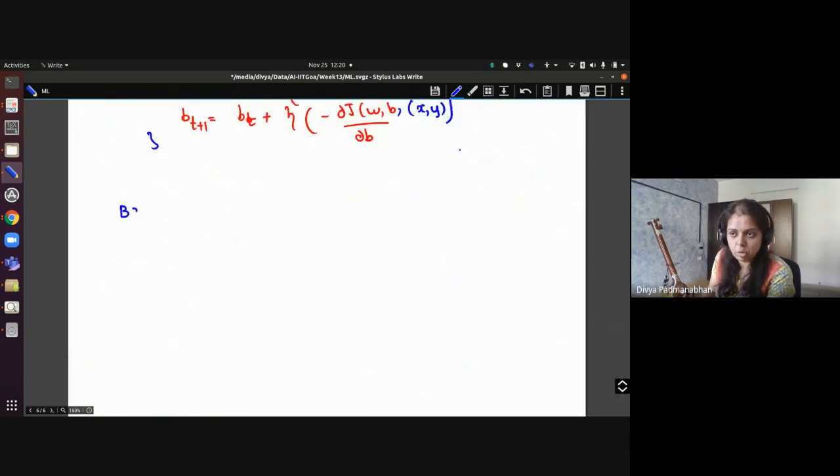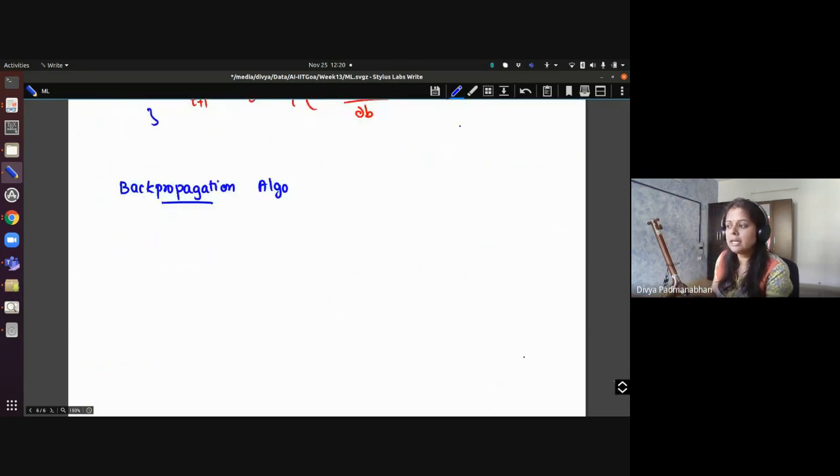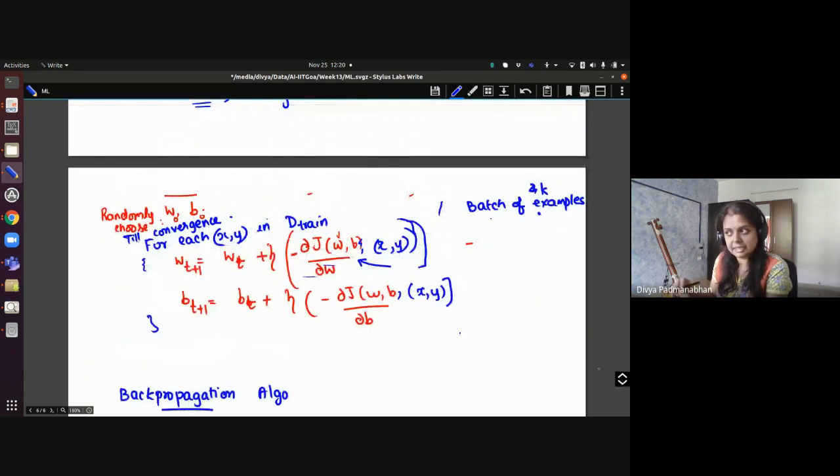Okay, so that brings us to what is called the back propagation algorithm. This is the back propagation algorithm. What happens here is just exactly stochastic gradient descent. But you have some nice way of doing these updates.